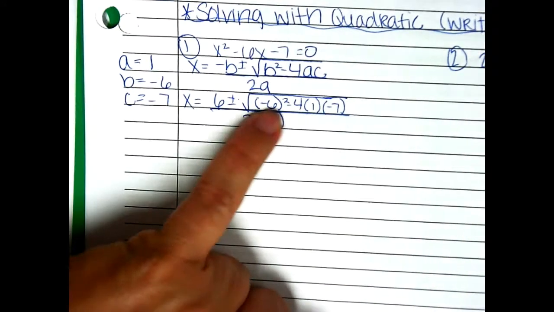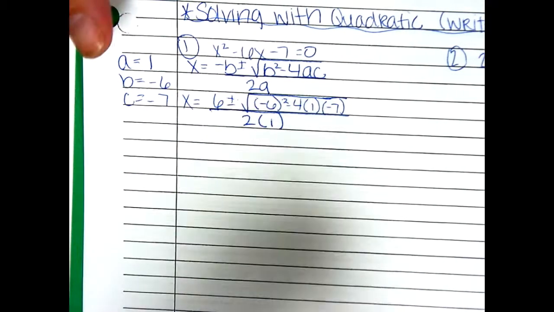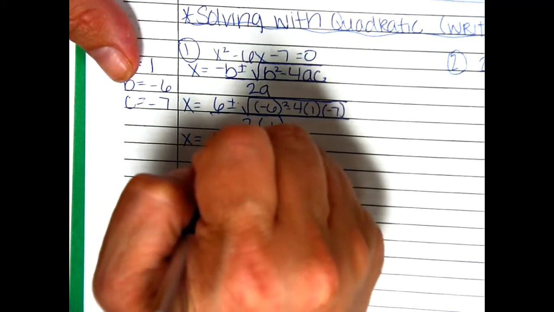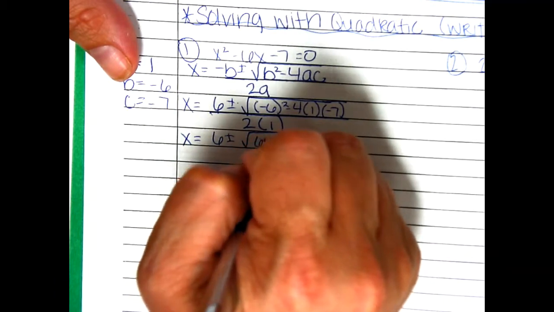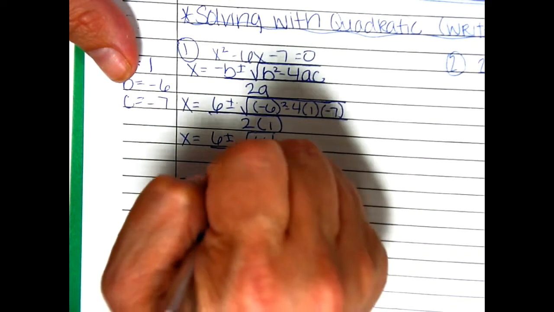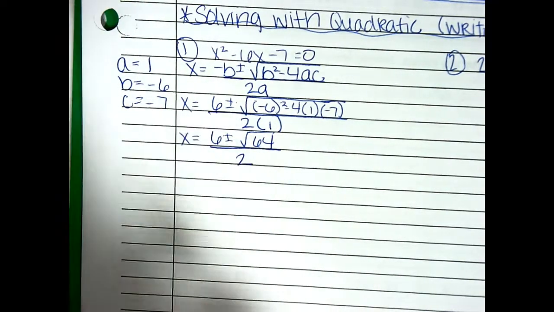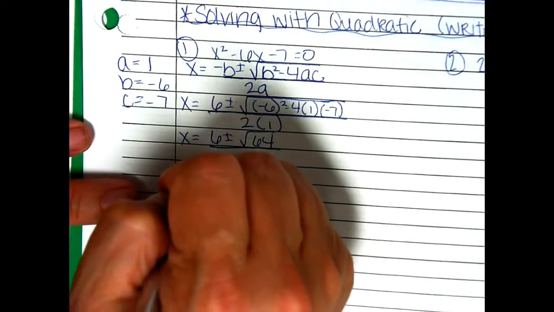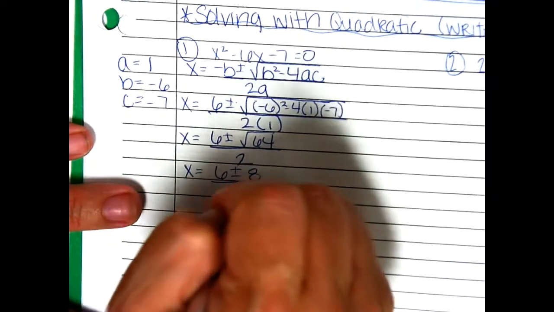Okay, you can put the discriminant in your calculator all at the same time. So if you do that, you end up with x equals 6 plus or minus the square root of 64 all over 2. Okay, we can simplify the square root of 64. The square root of 64 is the whole number 8. So x equals 6 plus or minus 8 divided by 2.